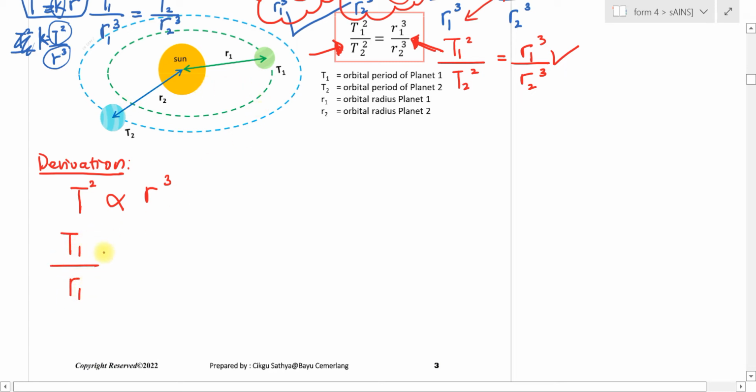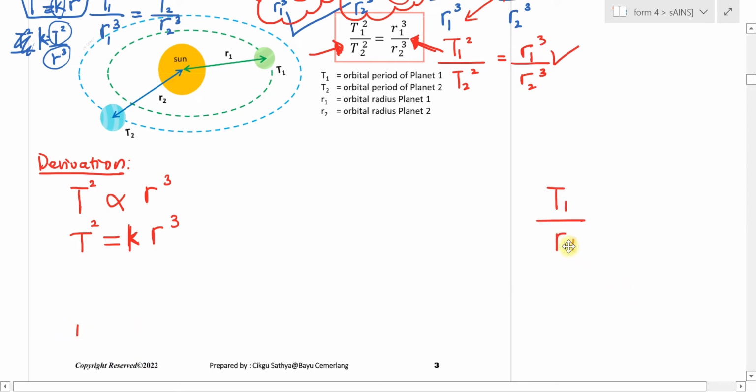Then, applying Kepler's law. Before that, T square, from the directly proportional symbol, if we want to change it to equal, we need a constant. I call the constant K. So T square equals K R cube. From here I show you step by step so that you won't miss this.